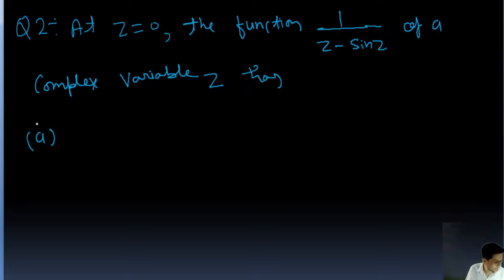Options are: option A, no singularity. Option B is a simple pole.